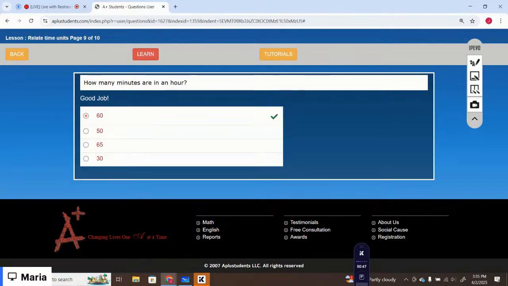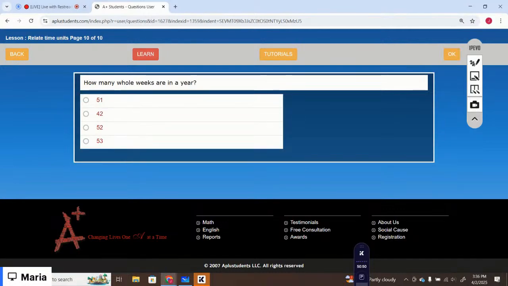Option number one is the correct option. How many whole weeks are in a year? There are 52 whole weeks in a year. The correct option is 52.